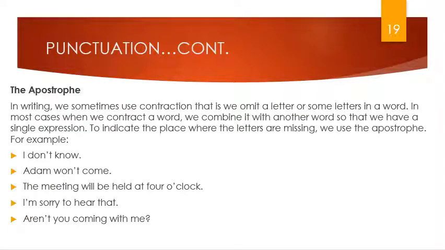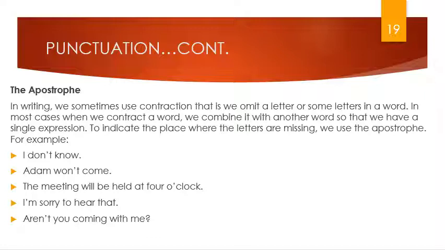The apostrophe is one of the types of punctuation marks in English. In writing, we sometimes use contraction, that is, we omit a letter or some letters in a word. In most cases, when we contract a word, we combine it with another word so that we have a single expression.